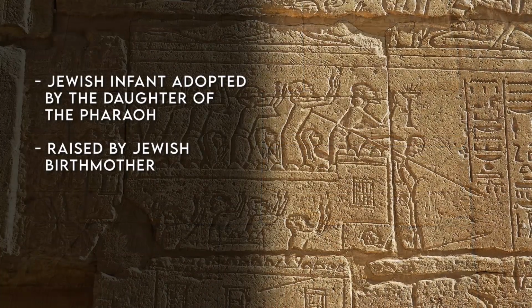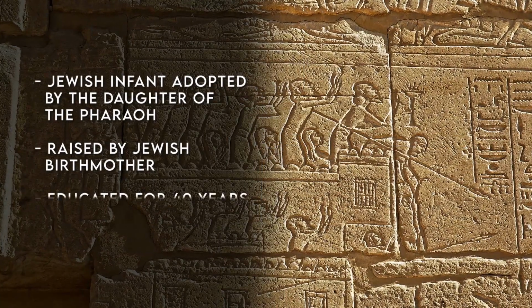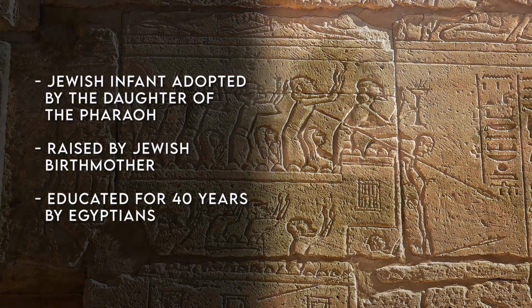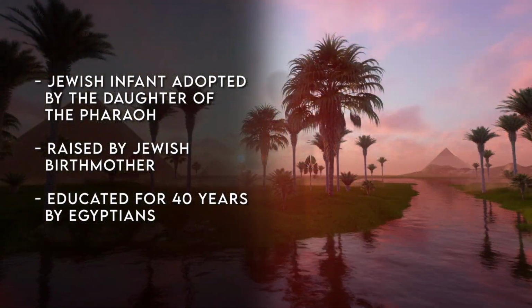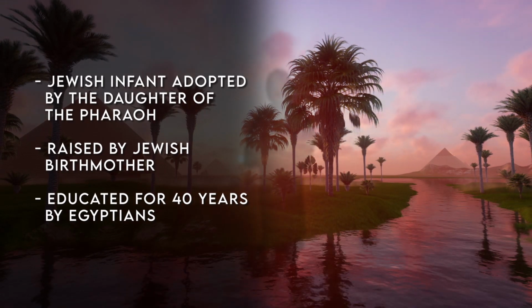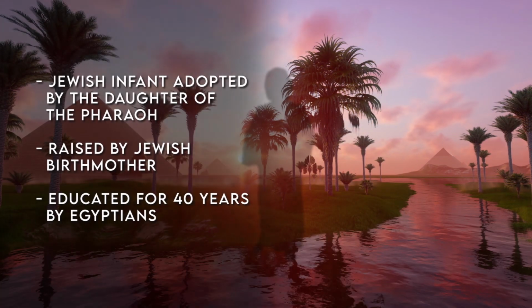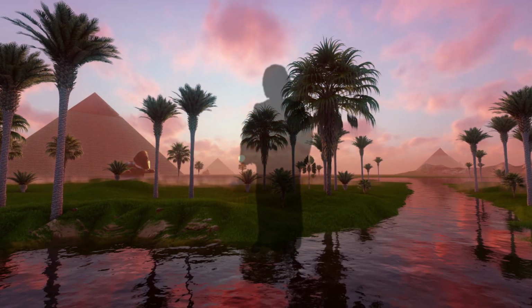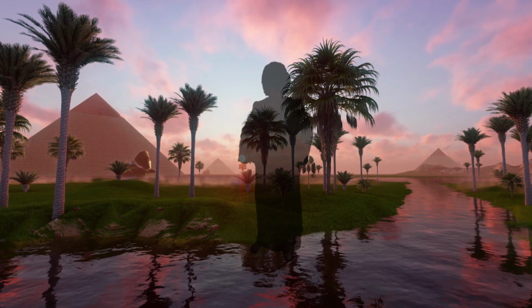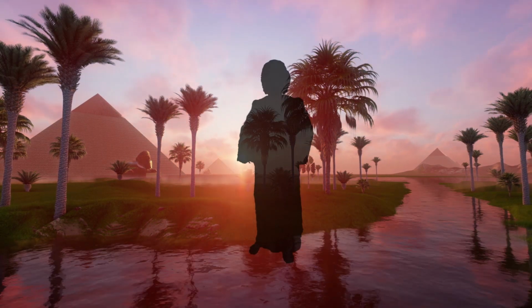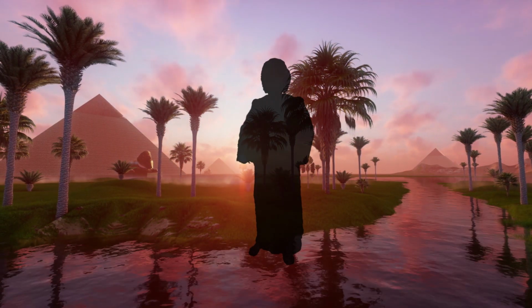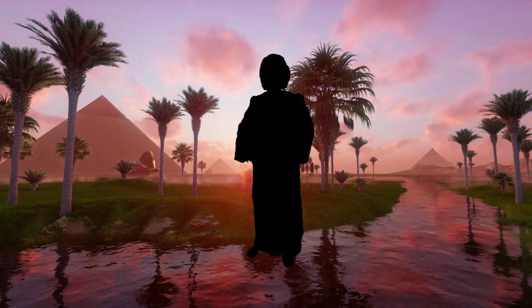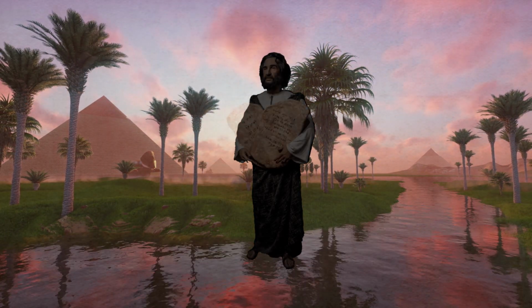This young lad spent his first 40 years being educated in the Egyptian royal court, and we know from extra-biblical sources that the Egyptians of that time made a practice of educating young men from other cultures for royal service. That meant that he could be both familiar with his Jewish heritage and personally acquainted with the inner workings of the Egyptian government, including things like treaty formats that were being used in that day. We know this Jewish man as Moses.